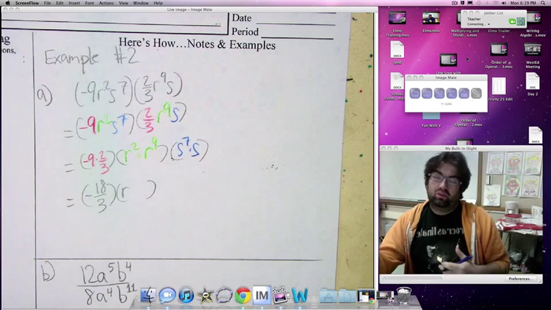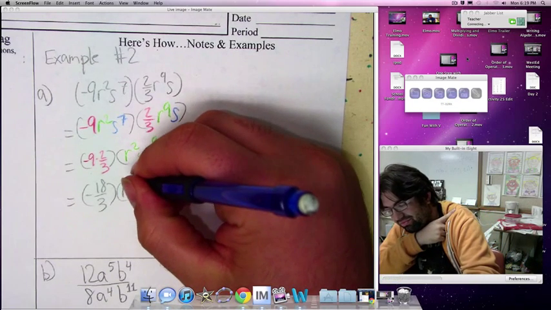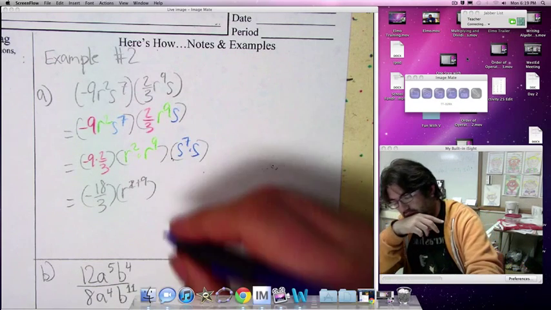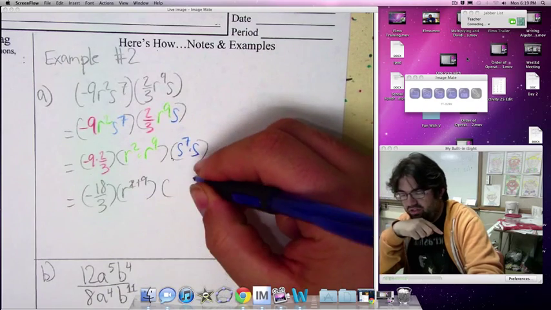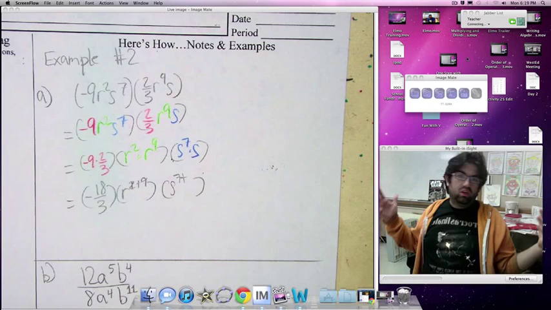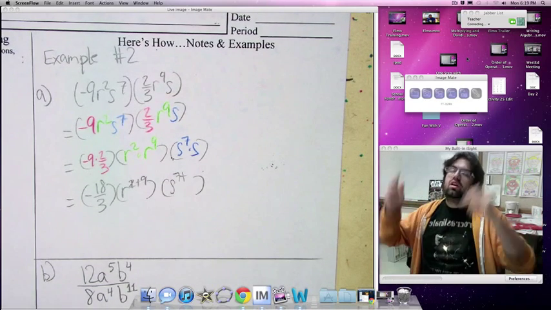R, we add those exponents together because they're multiplying. So 2 plus 9, right? And in the other parentheses, s to the 7 plus... Dude, what power is that s to? It's by itself. There's just one of them. Oh, right.